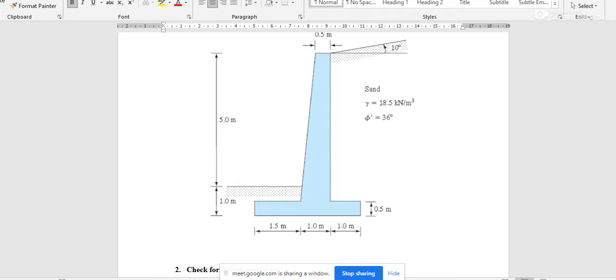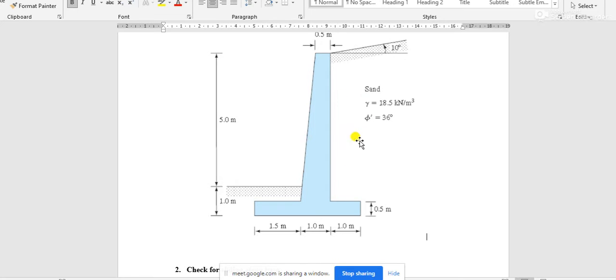As the overturning criterion is like this, the retaining wall is actually moving towards this embedded part of soil, and for the backfill soil, the wall is moving away from the soil. So for the backfill soil, we have to calculate active pressure and active thrust, and for the embedded soil, we have to calculate passive pressure and passive thrust.